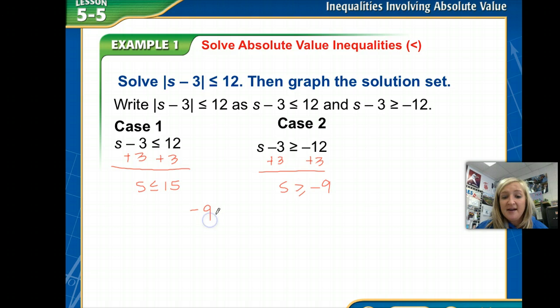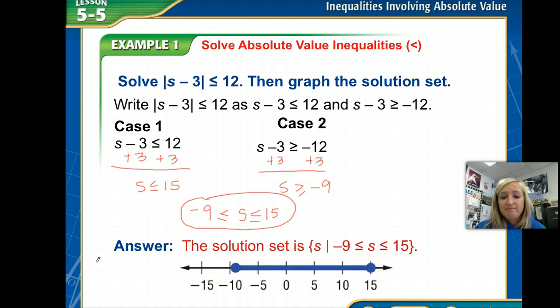So negative 9, I know s in the middle. S is greater than or equal to negative 9, but less than or equal to 15. And that is how you would correctly write this and solve this inequality involving absolute value.